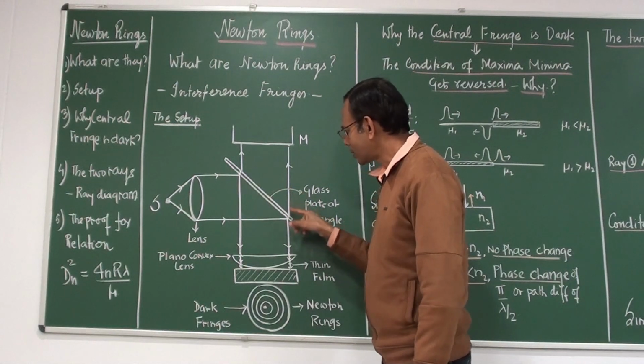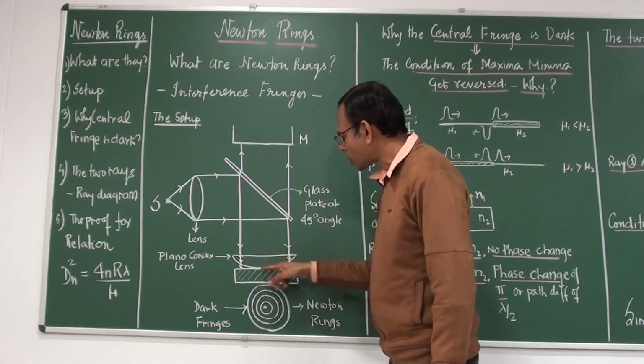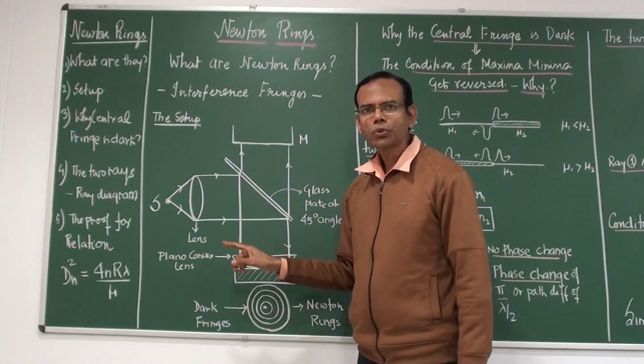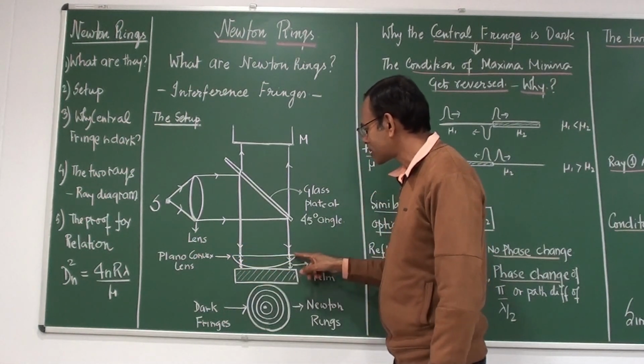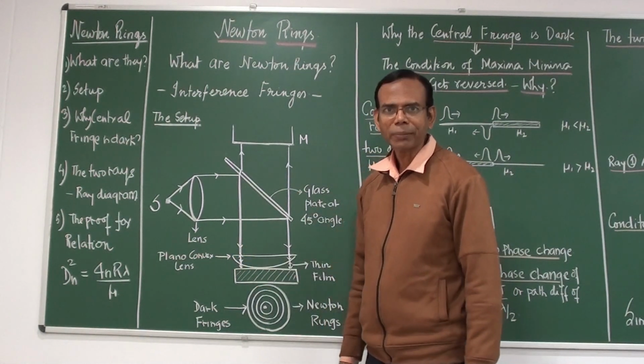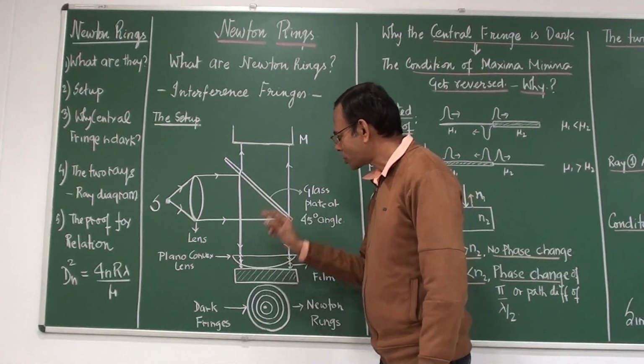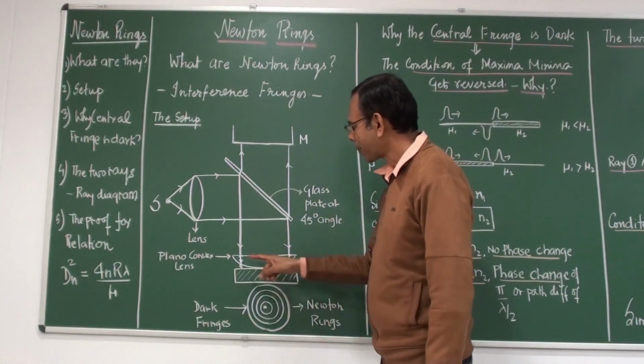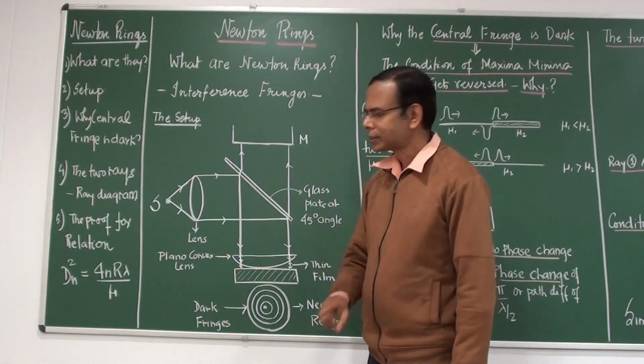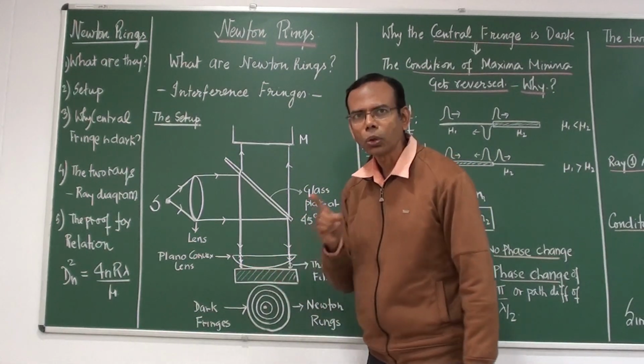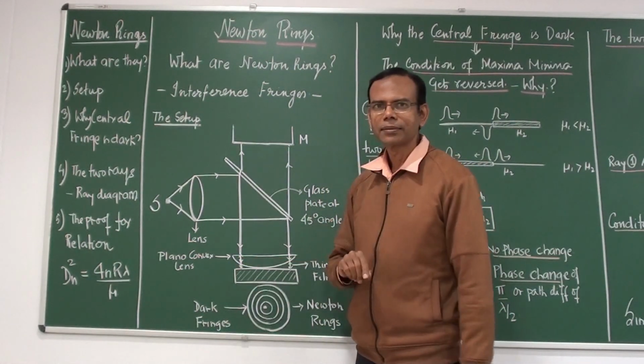This reflected light falls onto a lens which we call a plano-convex lens of this shape. When it falls onto the plano-convex lens, a part of the light gets reflected from the lower surface of the lens.